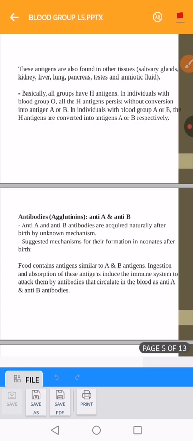Any person with a blood group, I need to take an example. If I am blood group B, okay.